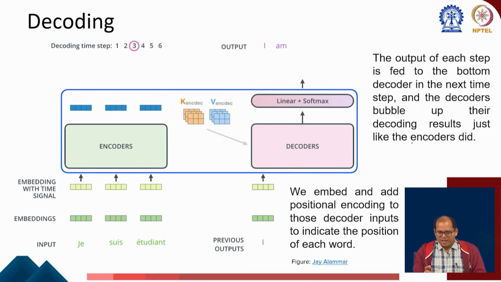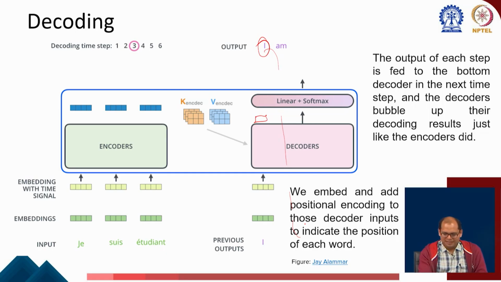So then what will happen? Once you get the decoder output finally, suppose I get an output, let's say I. By teacher forcing, I feed it back. So let's say you are doing inference time, or at training time, this is the ground truth token.